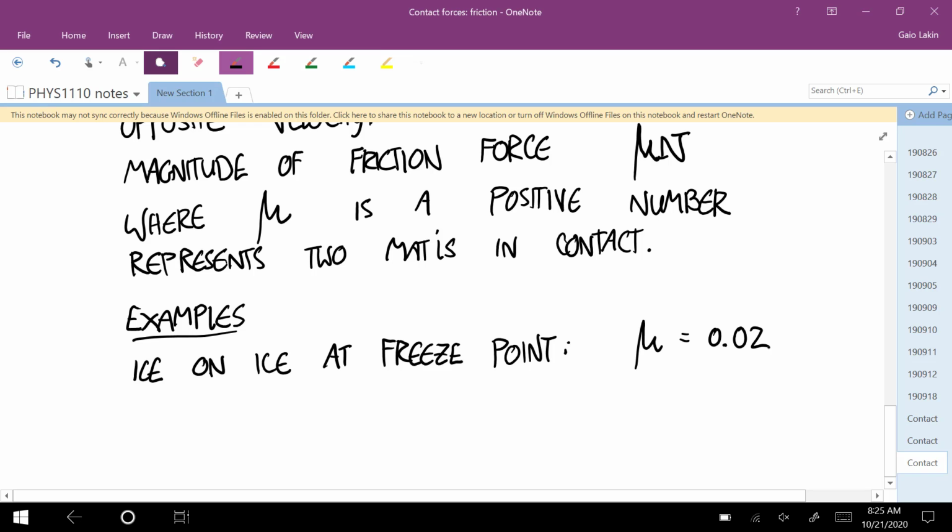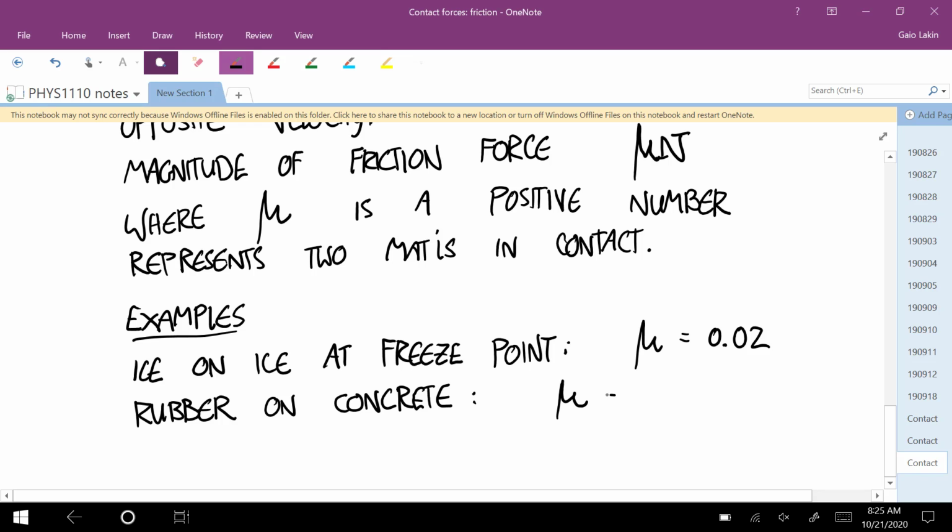Rubber on concrete, well, it depends a little on the type of rubber. And so we would expect this mu value to be quite a bit higher than the one for ice on ice.